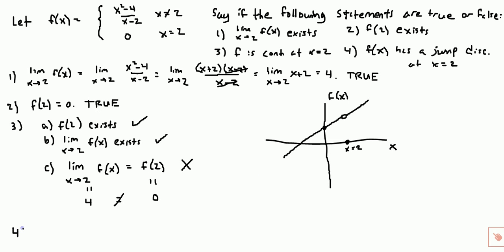f of x has a jump discontinuity at x equals 2. Well, the graph does jump down, but remember, for a function to have a jump discontinuity at a point, the left and the right-hand limits have to be not equal. And in this case, the left and the right limits are equal.